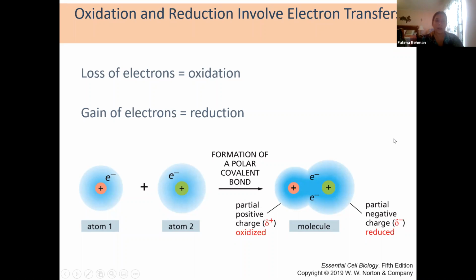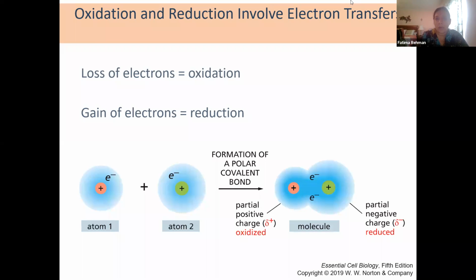Okay. So next we'll talk about how that energy transfer occurs. And so energy transfer a lot of the time occurs through transfer of electrons. And so there are going to be basically one molecule in each case that's going to be losing the electrons, and the second one that's going to be gaining the electrons.